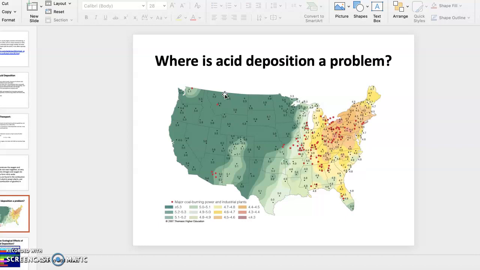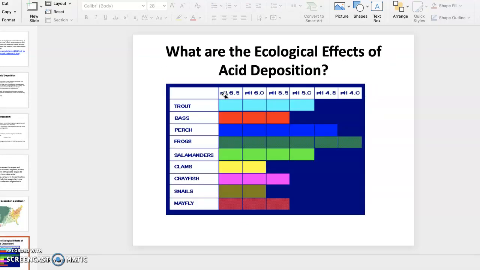So in your notes, you're going to need to write down the acid deposition, a problem, analyzing it, and write down where is it exactly a problem. In the ecological effects, you're going to stop and analyze what this graph shows and how the different organisms are affected by acid deposition.